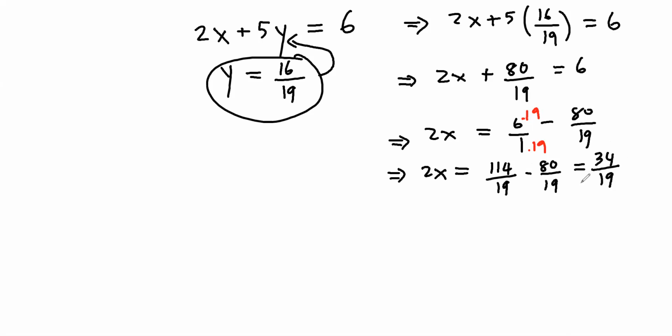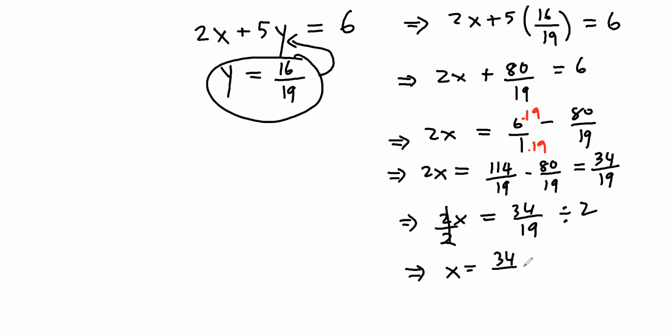This now requires one more step: divide both sides by 2. Dividing is the same as multiplying by the reciprocal, which is a half, and this 2 is cancelled. So 17 over 19. That's the value of x.